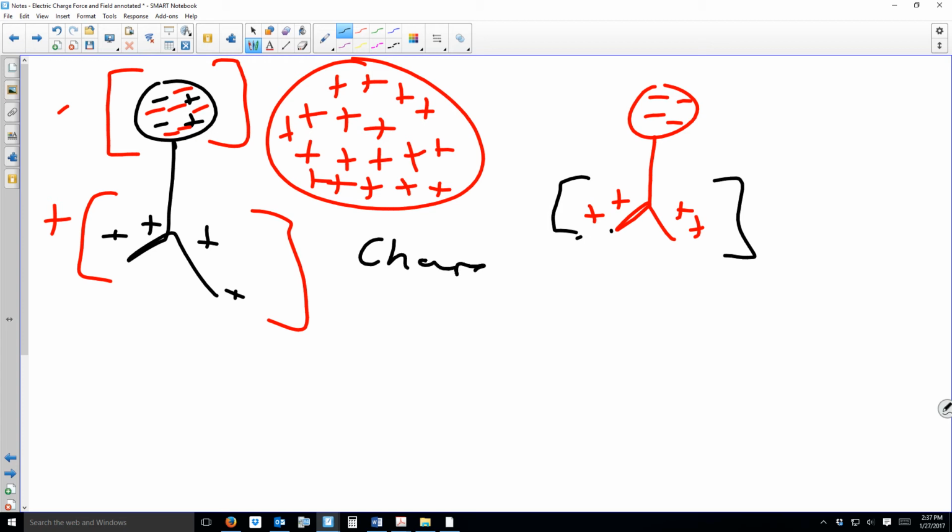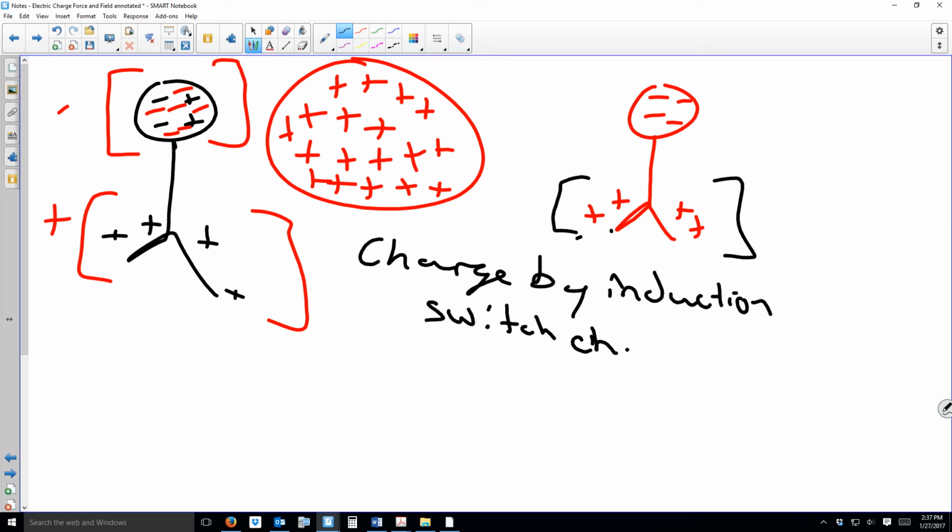If I bring a positive charge, then I end up with a negatively charged object afterwards. So charge by induction, switch the charges. I brought a positively charged object. My object became negatively charged. So that's induction.